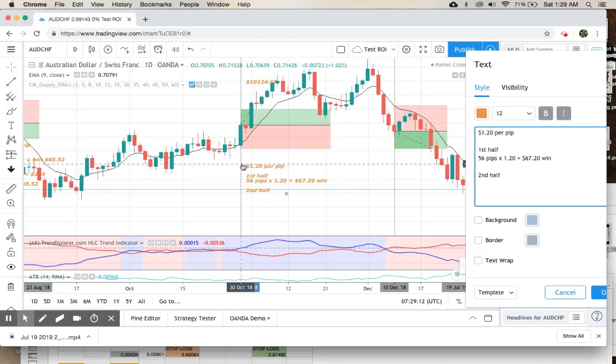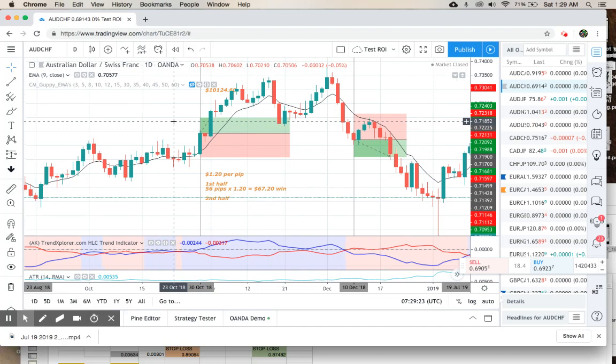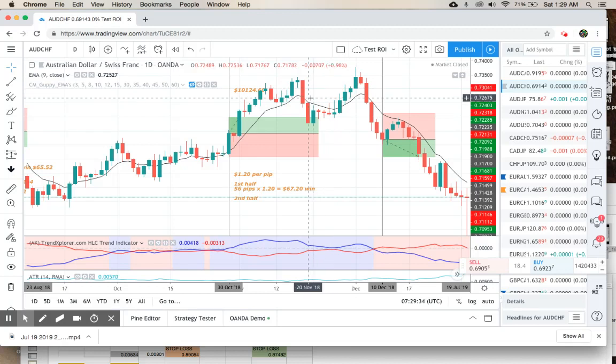It's 56, so our trailing, if we have one, would be like 112 pips. So just to keep in mind. So it looks like it came back and we would have gotten stopped out here. But let's see if our trailing stop makes a difference or not.